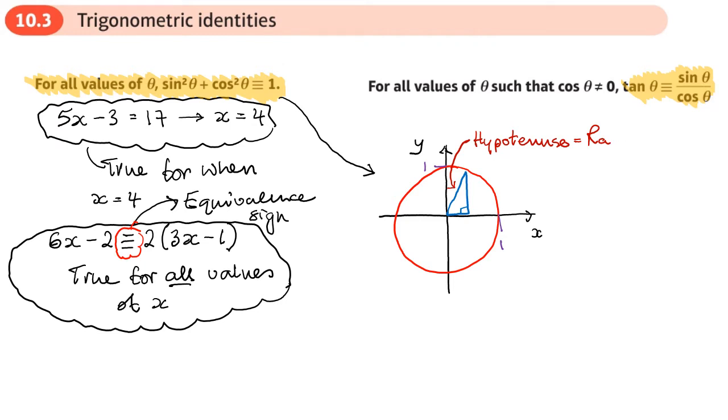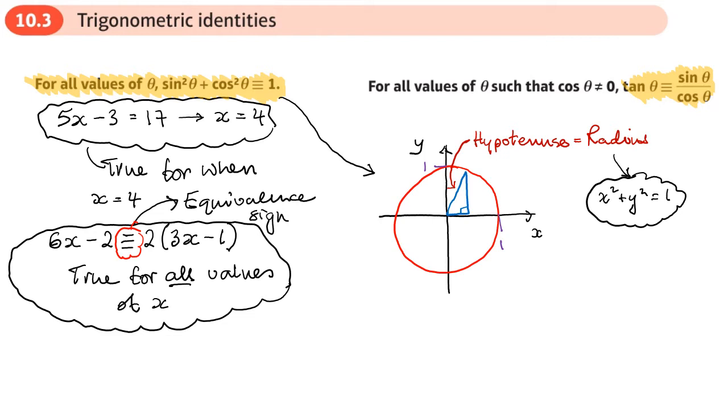Now I've got a formula for a circle, and that formula is, using the radius, x squared plus y squared is 1, because for this particular circle the radius is 1.